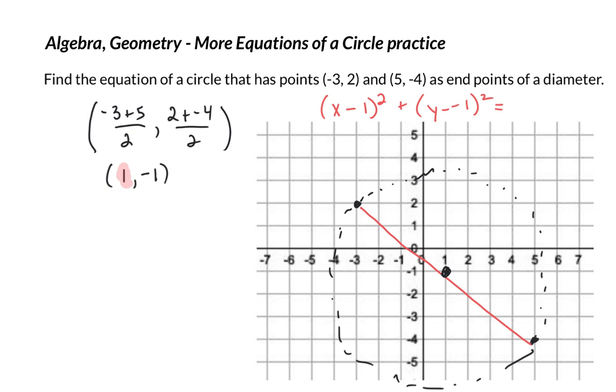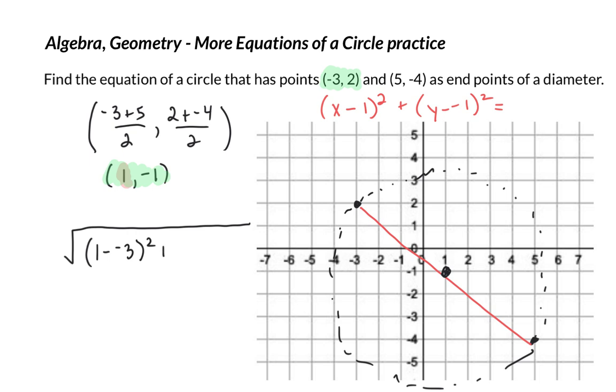So remember, the distance formula is the square root of the difference in my x's. And again, I'm going to use my point that I found here, my center, and I'm just going to pick the first point for no other reason than it was the first point. Okay, so we're going to find the difference in my x's, how far they are apart, and square it.